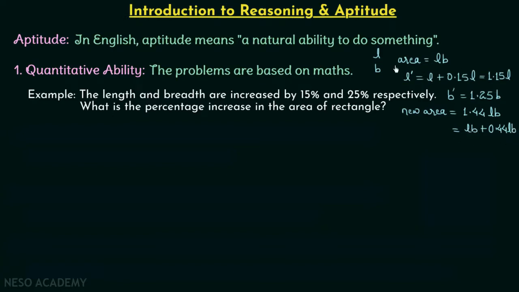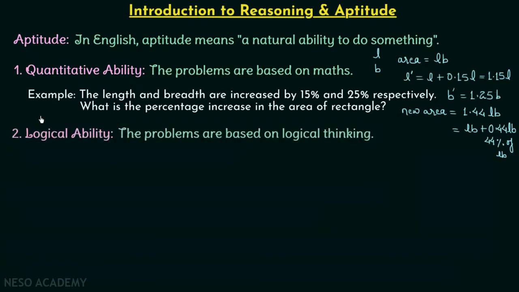LB is the initial area, and 0.44 LB will be 44% of initial area LB. So how much increment is there in the area of rectangle? It is 44%. So you can see that mathematics is involved to solve this problem, and that is why it requires your quantitative ability to solve.